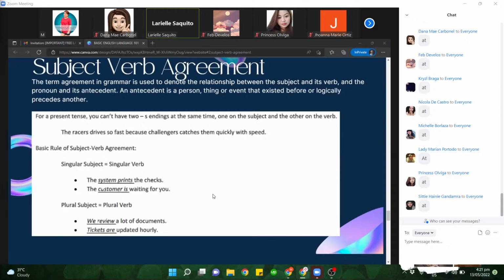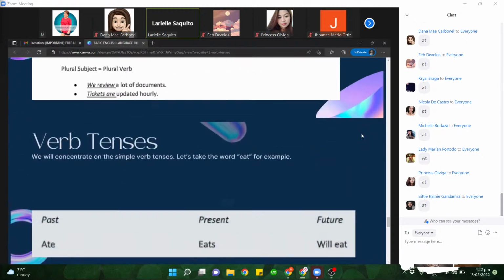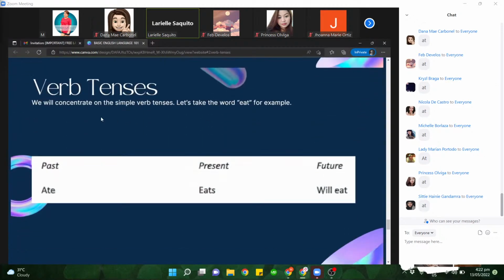Okay, so there. So let's just be conscious that if it's going to be a singular subject, of course, the verb that we should be having as well is also a singular verb. And likewise for the plural subject, we should also have the plural form of the verb. Okay, so there. And we also have the verb tenses, but just the simple verb tenses.